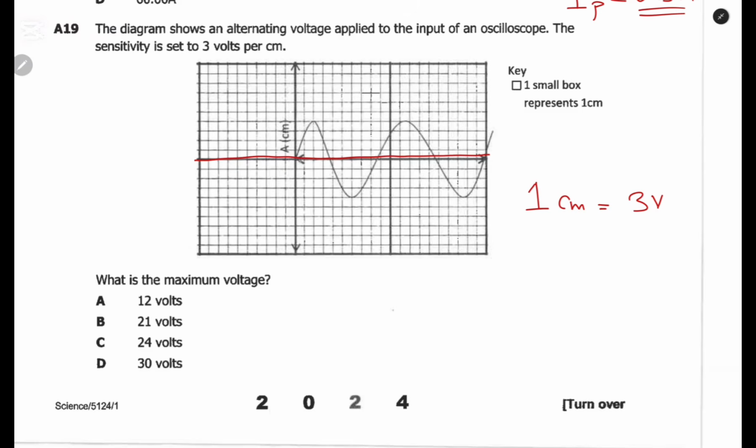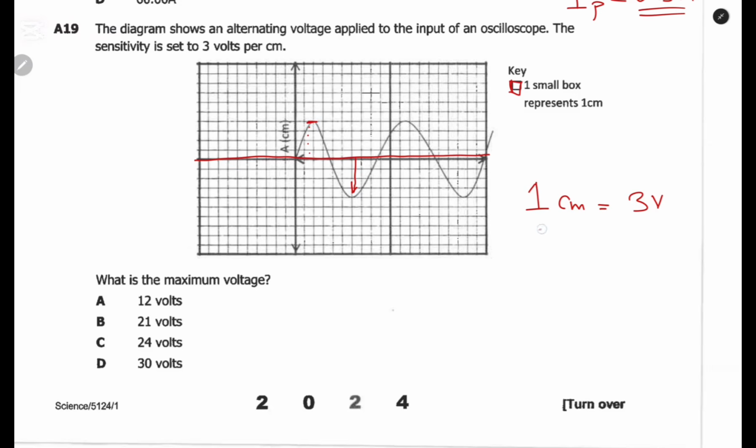Then you look from here up to the top there. One small box is equal to 1 centimeter. Now how many boxes are there from this line up to the top? 1, 2, 3, 4. So there are 4 boxes to reach this point.